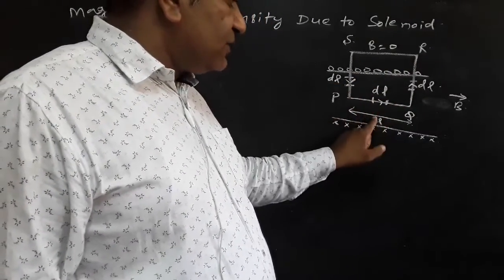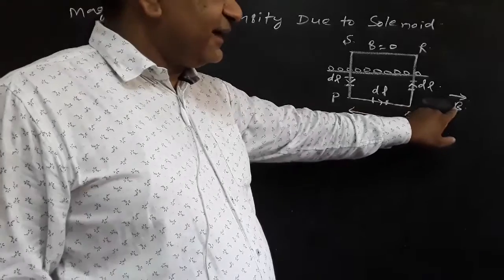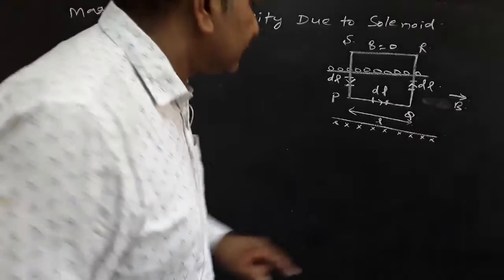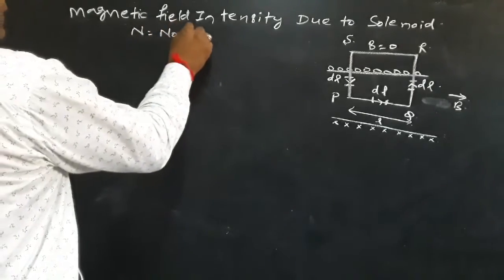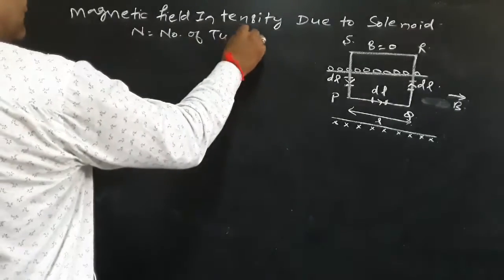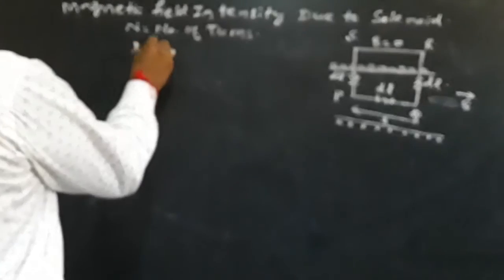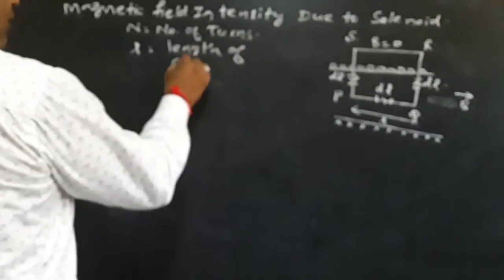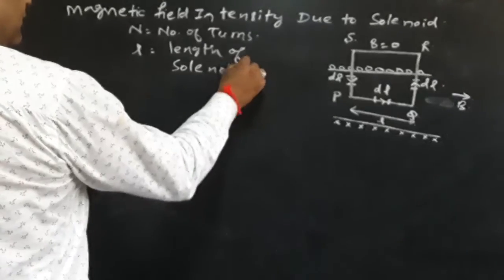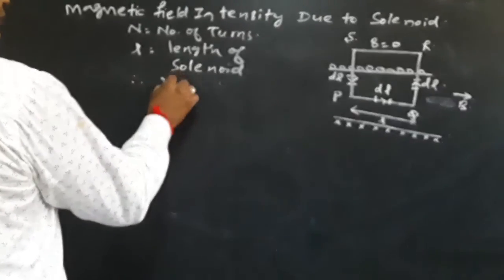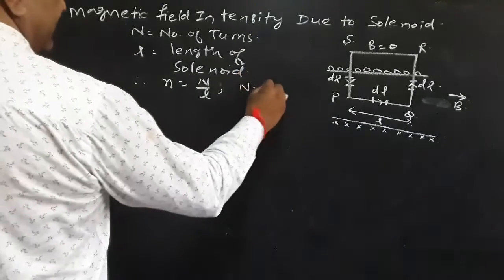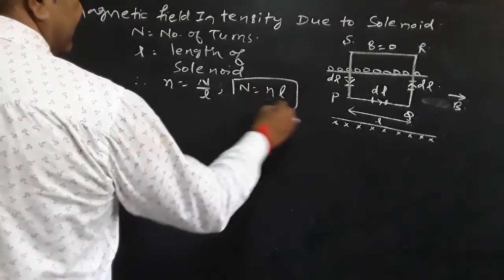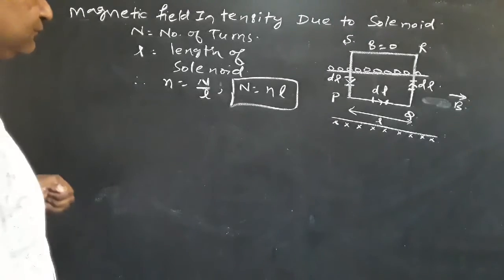The length of PQ is L, and this is the direction of the magnetic field here. Let capital N be the total number of turns, and L the length of the solenoid. So we can write small n equals capital N upon L. Therefore we can write capital N is nL.